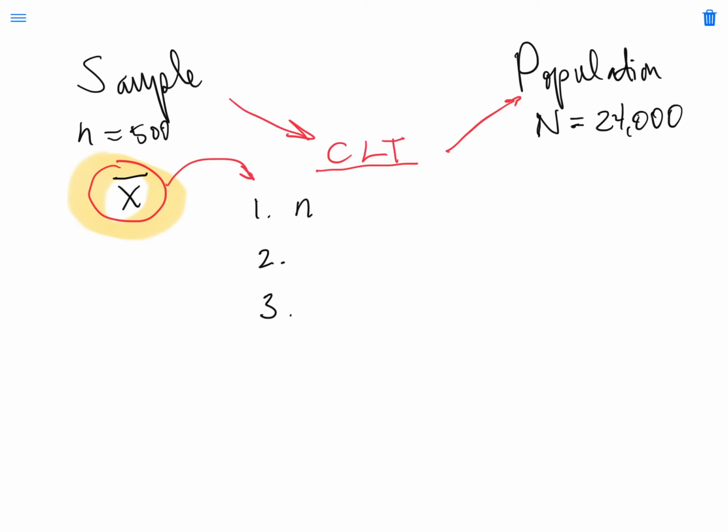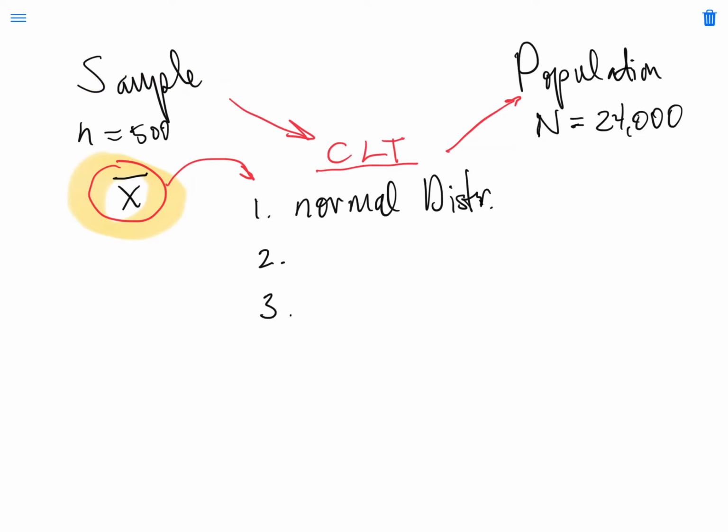First, it will belong to a normal distribution. Now, I am not saying that the original sample will be normal. It may not be. But the mean that we are estimating will belong to a normal distribution, a theoretical normal distribution that exists out in statistical space.